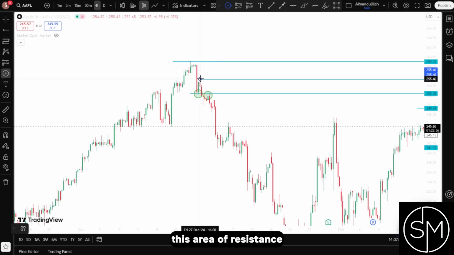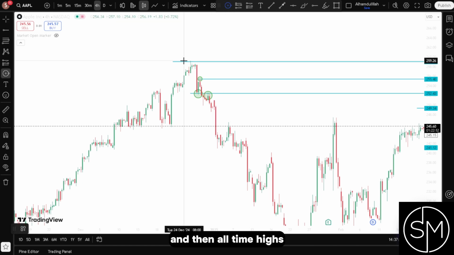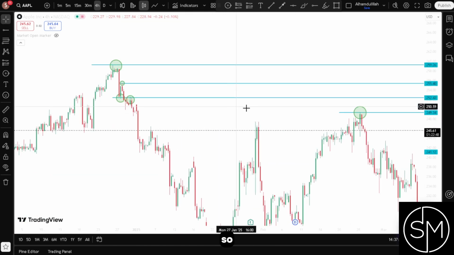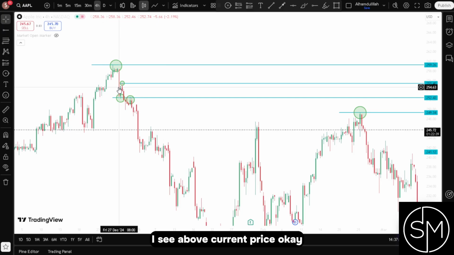This area of resistance, and then all-time highs. So these are why all the take profits are going to be set here. So I set my take profits based on the strong levels I see above current price.